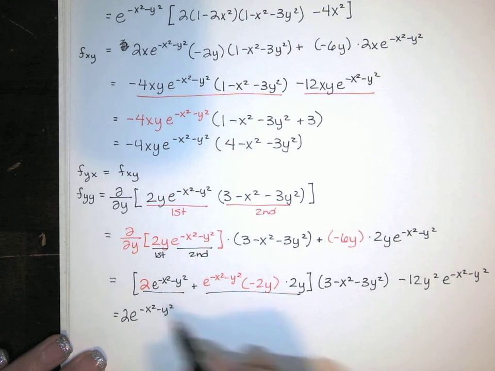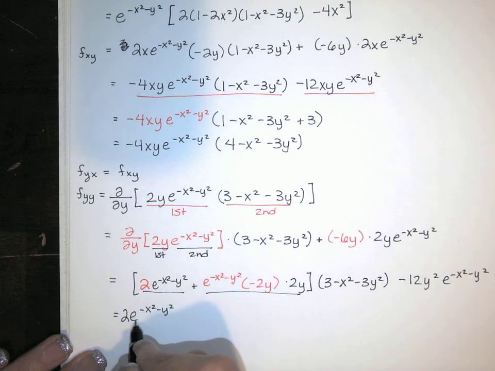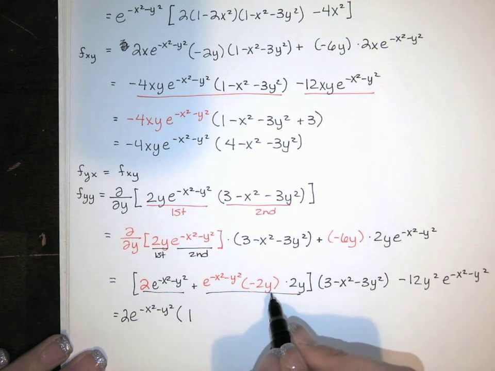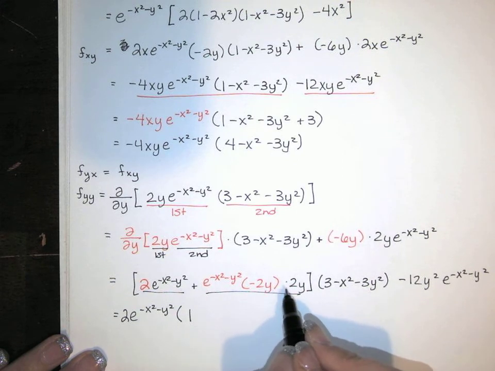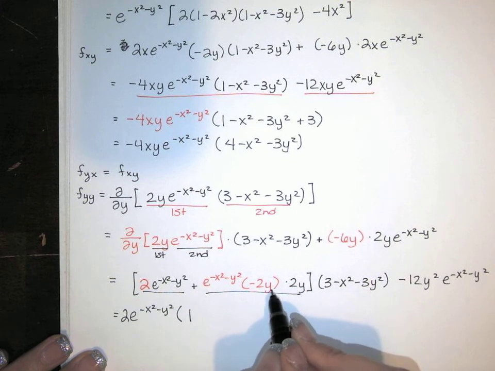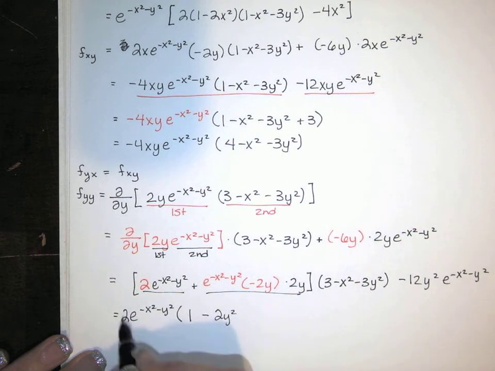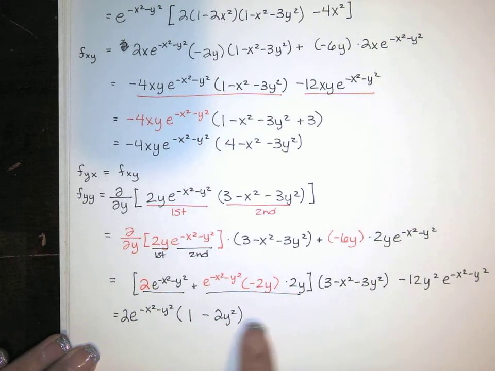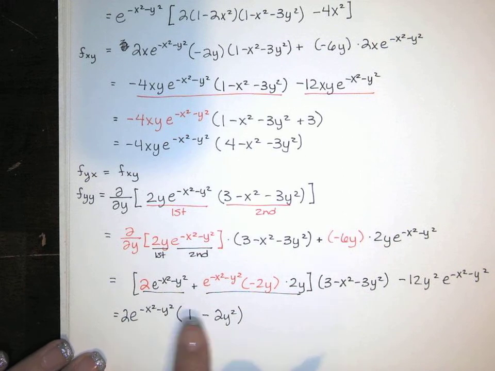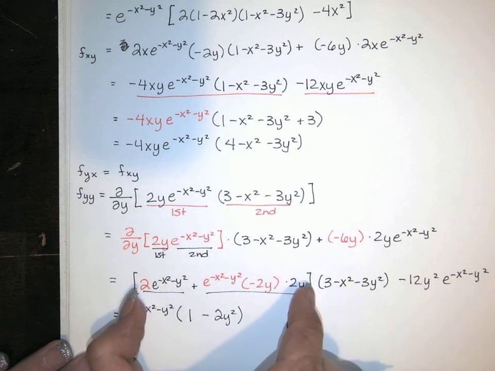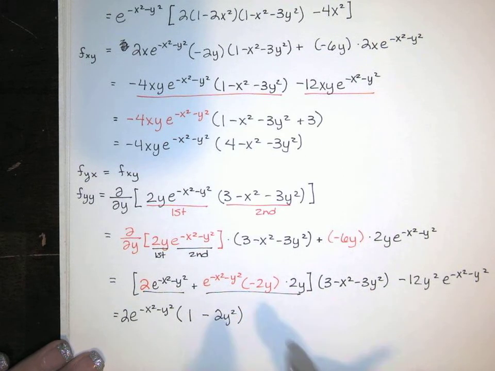Factor out the 2. 2 times exponential times 1 gives us our first term. And I've already factored out one of the 2's, so we'll have a negative 2y squared times the exponential is already out there. Negative 2y squared is all that's left. So it's that times that. That's the factored form of this expression in brackets, and I still need to bring that down.